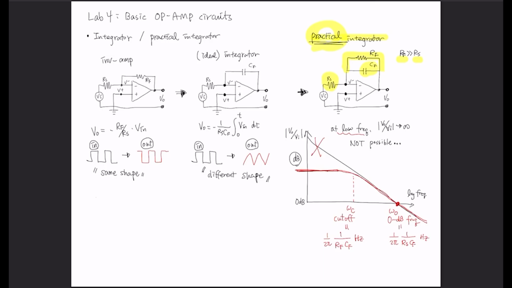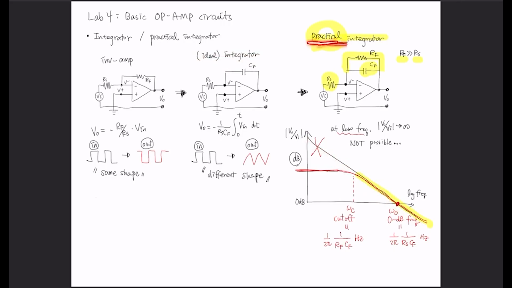What we can see from here is that we would like to use frequencies that follow the ideal line. Again, like I said before, we are expecting a different shape, and that is realized by this straight line. In the ideal world, if you had this kind of straight line, your response is going to be an integrated signal.